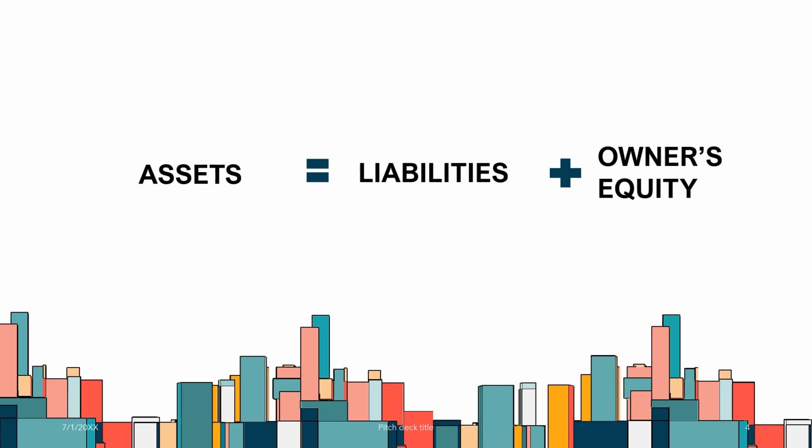The equities that we have in our previous slide is just a generic term to refer to the rights on the properties, which have two sources, one from creditors and one from the owners. And this is now our accounting equation.